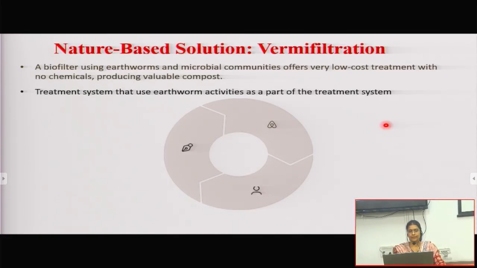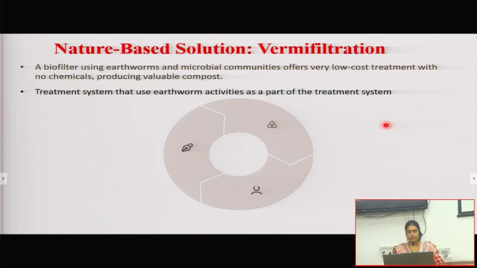Now, when I look at nature-based solutions, apart from the constructed wetland, there's one more called vermifiltration. This is also showing very promising results. We have only a few papers as of now, and this is primarily a biofilter using earthworms and microbial communities. People might think it's only earthworms, but it is a mix of earthworms and microbes.